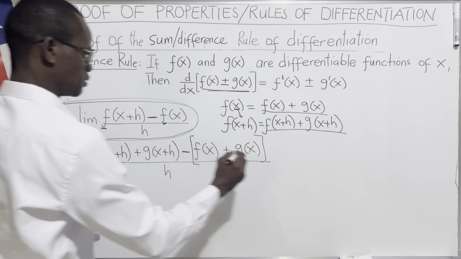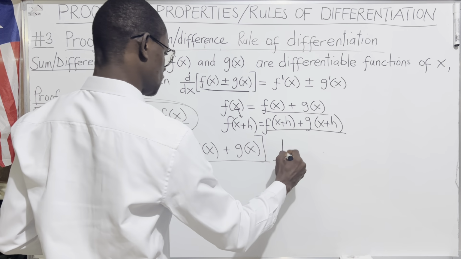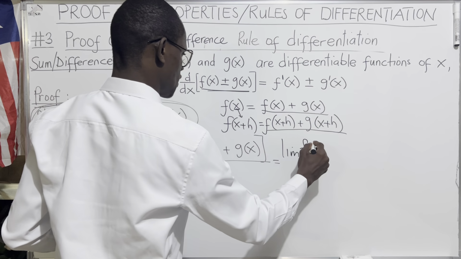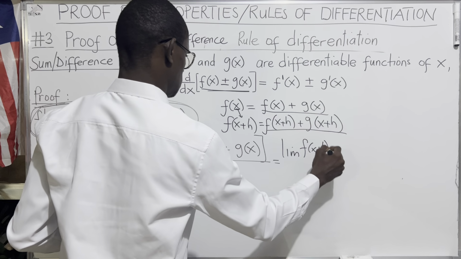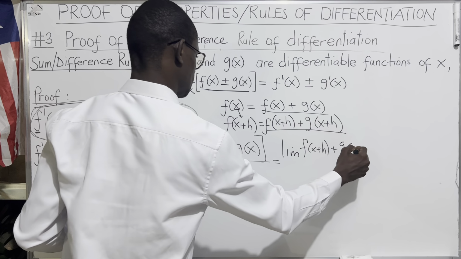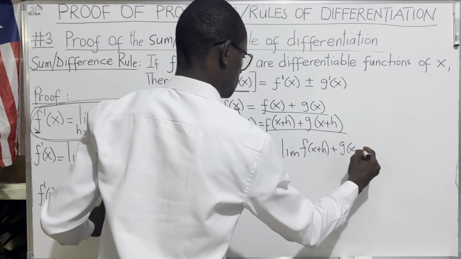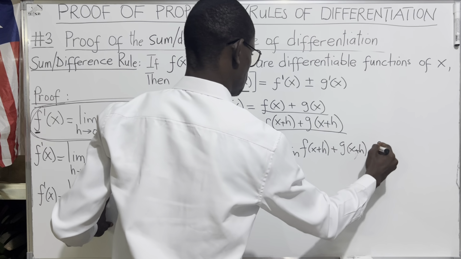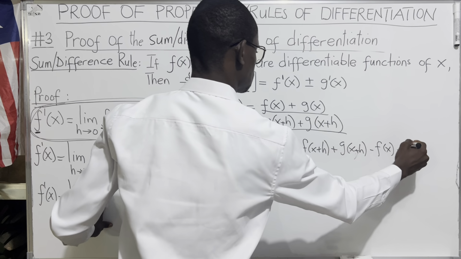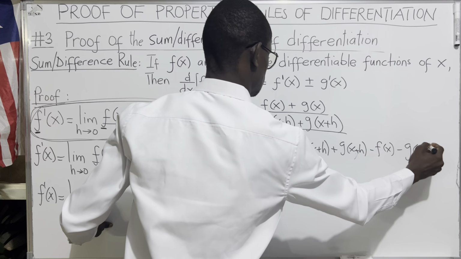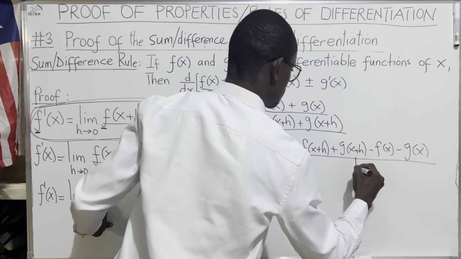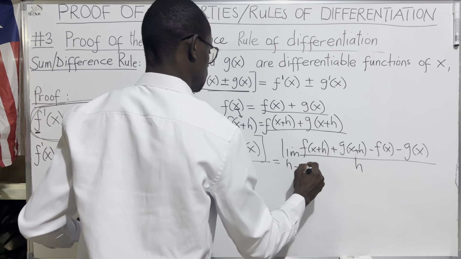So firstly, let's multiply this by the negative. You have f of x plus h plus g of x plus h minus f of x minus g of x, all divided by h as h is approaching 0.